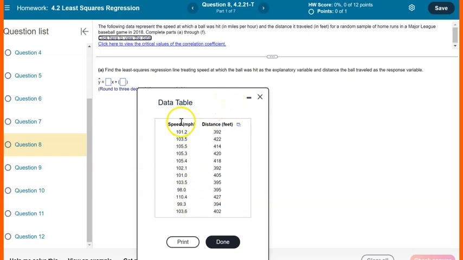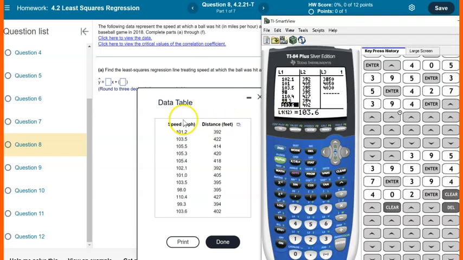In other words, when you put the data in the calculator, I already put that for you. You put speed in L1, which is the explanatory variable, and distance in L2, which is the response variable. Okay, part A, find the least squares regression line.